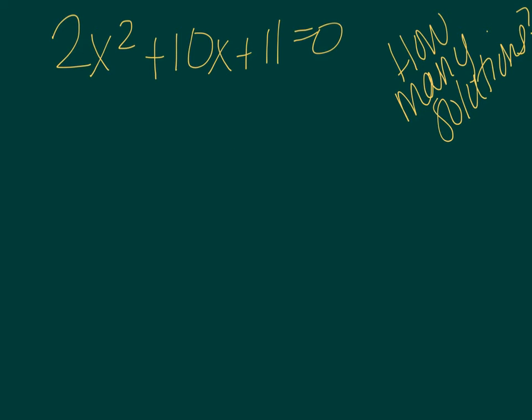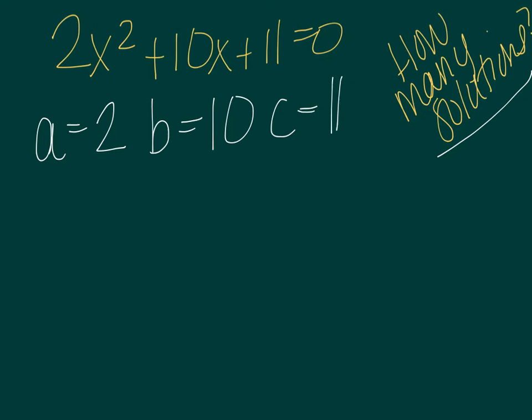So let's start with this example of 2x squared plus 10x plus 11 equals 0. And I want to know how many solutions. We're going to start the same way we did the other day, where I'm going to say a equals 2, b equals 10, and c equals 11. I'm just taking the number in front of each variable, and I'm going to plug it into b squared minus 4ac.